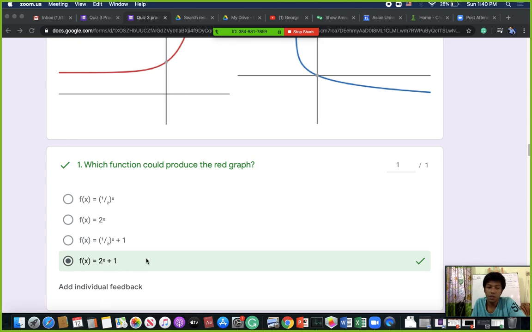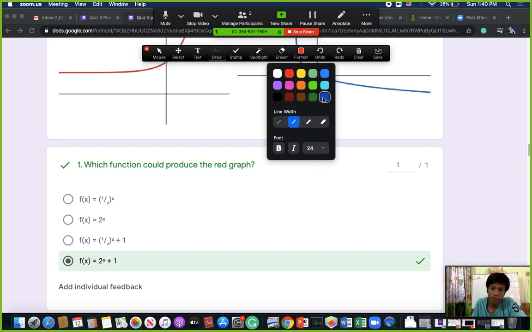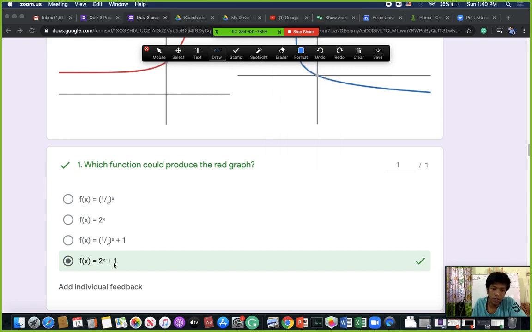Suppose the question is given with options like f(x) equals 2 to the power x, suppose 2 to the power x plus 4 is given.